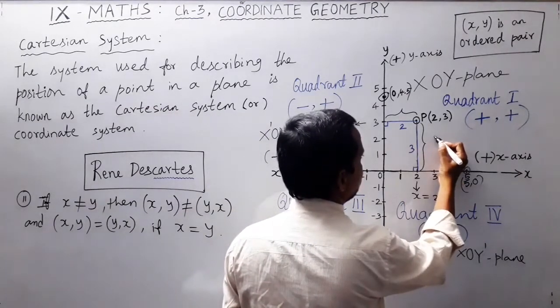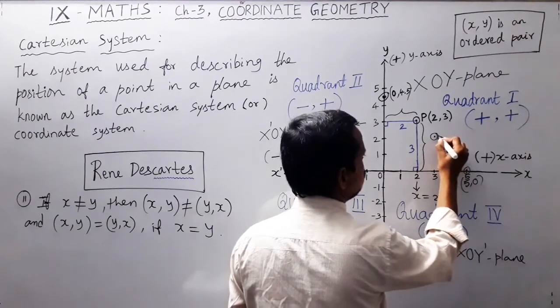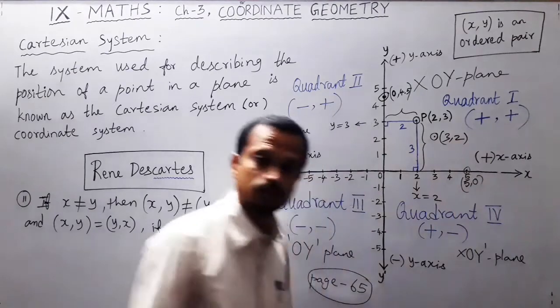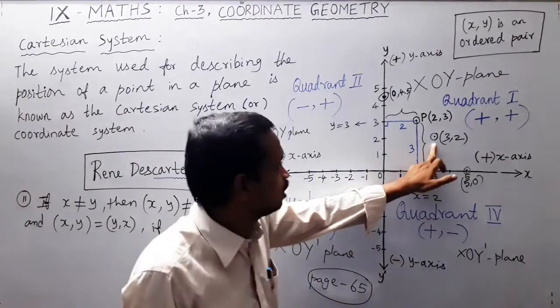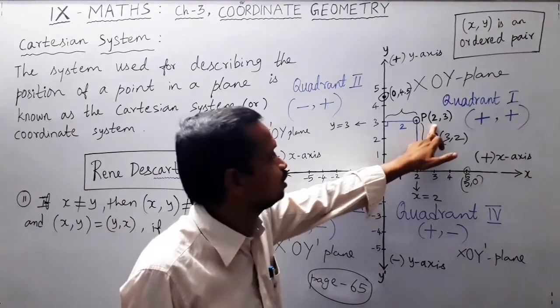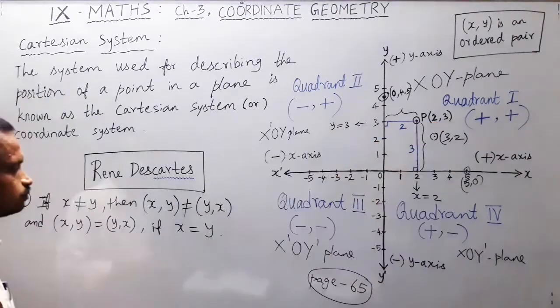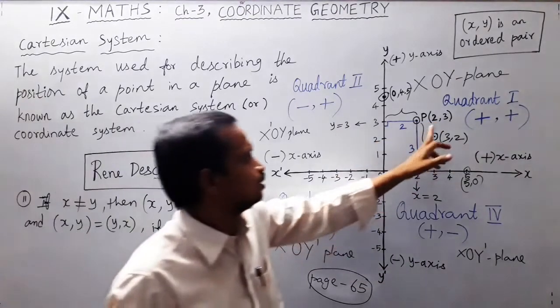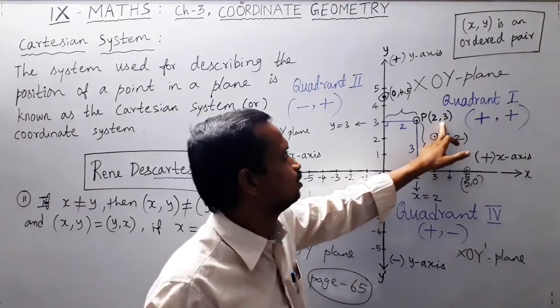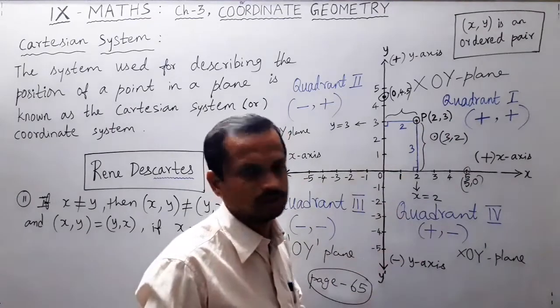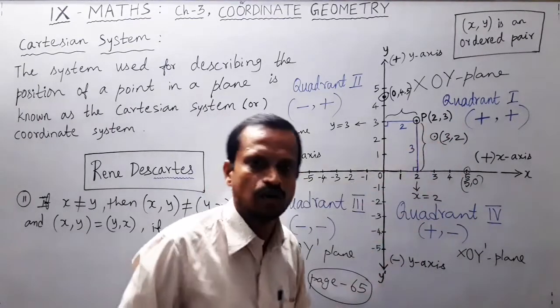Then the point will come here. So this is the point 3 comma 2, and if you write 2 comma 3, the point is here. If the order is changed, 2 comma 3 as 3 comma 2, they are not equal points.